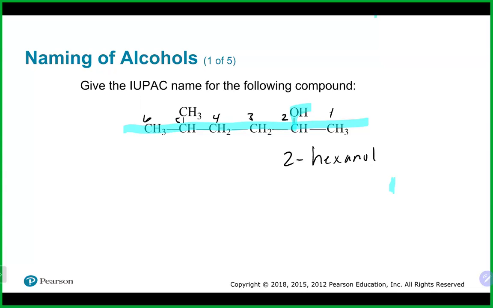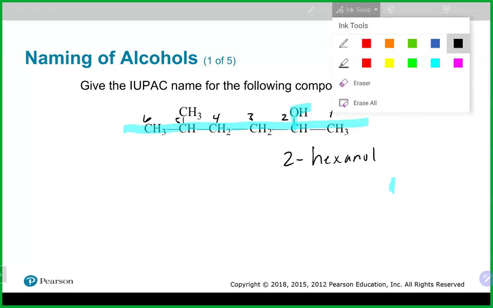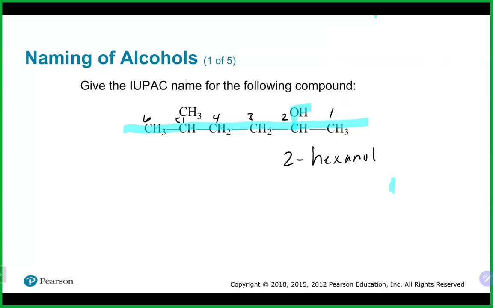And once you lock in your numbering for the OH, anything else that is there, you will then name like normal. So here we have a methyl group, and since it is at carbon number 5, this would then be 5-methyl-2-hexanol. Any questions on that one?